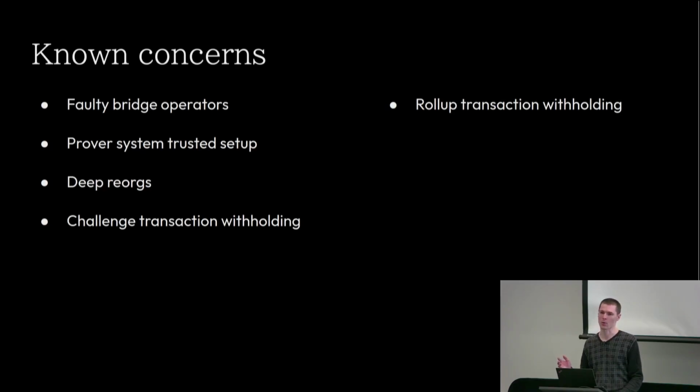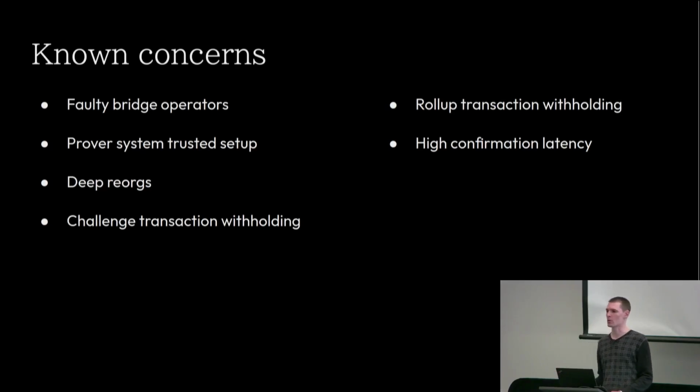Rollup transaction withholding. So if you send your rollup transaction to the rollup block producer and they just ignore your transaction, what are you going to do? High confirmation latency. Some rollup designs will put every rollup onto Bitcoin as soon as possible, and in that case you have a minimum latency of about 10 minutes.